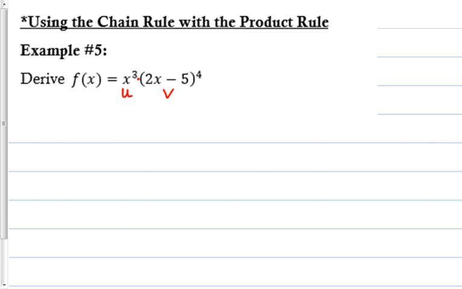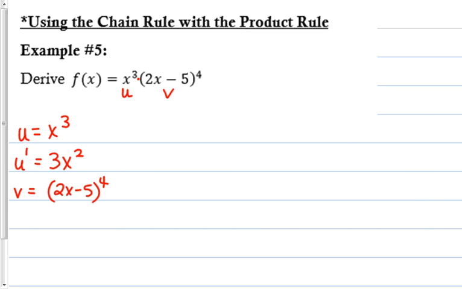Just like before, u is x cubed, u prime is 3x squared, no big deal. Now v is 2x minus 5, the quantity to the 4th power. Oh look, that 4th power is my chain rule, because there are two functions here.